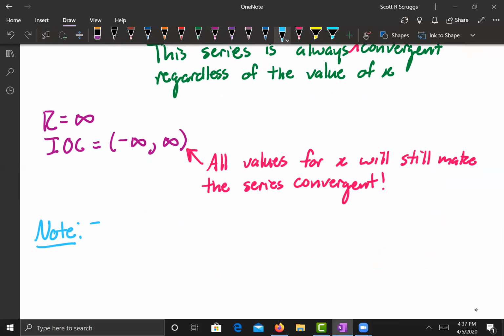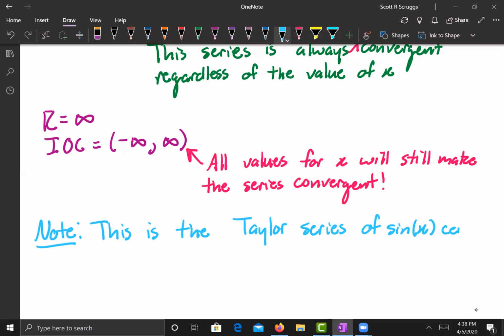That series that y'all worked on is the Taylor series of sine of x centered at 0. So y'all encountered one of your very first Taylor series.